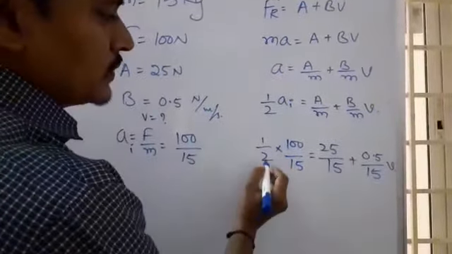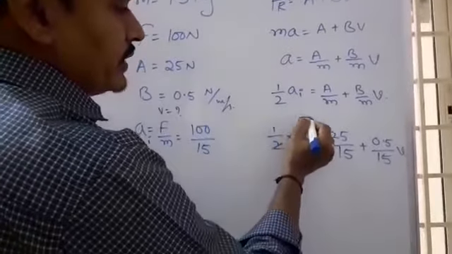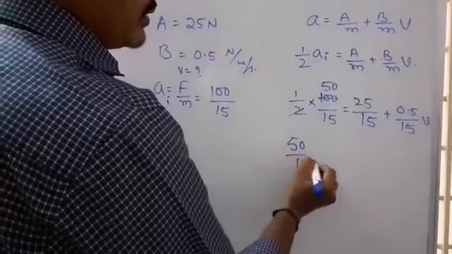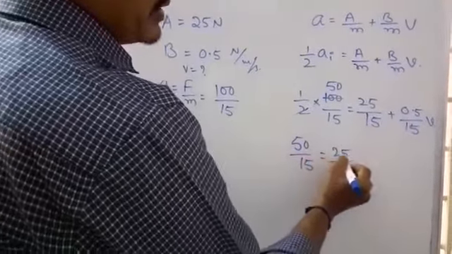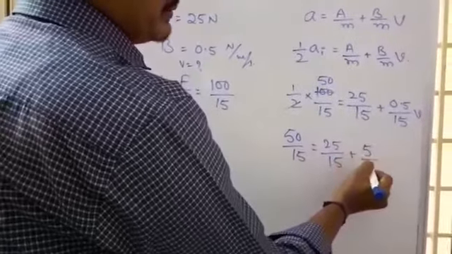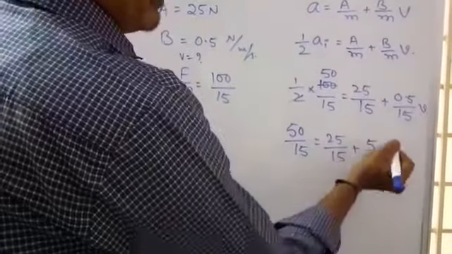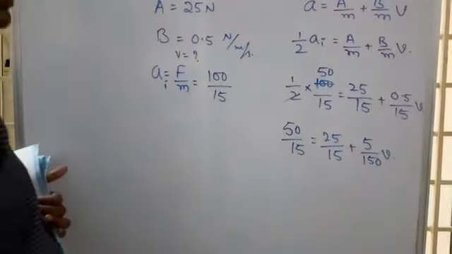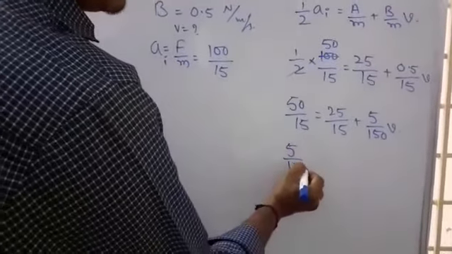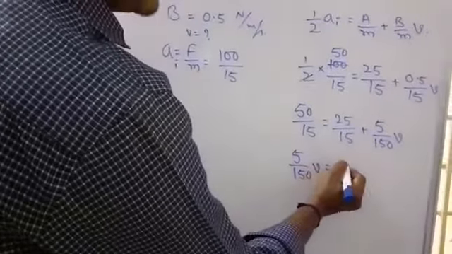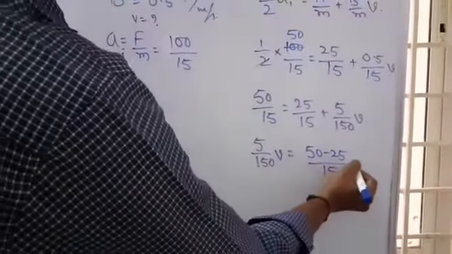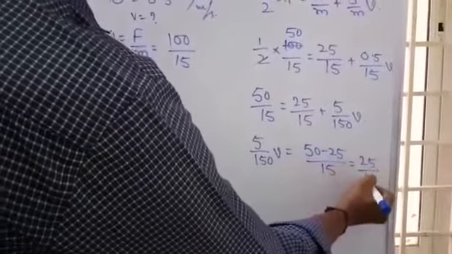Now 50 divided by 15 is equal to 25 divided by 15 plus 5 divided by 150 of v. So 5 divided by 150 of v is equal to 50 minus 25 divided by 15, that is 25 divided by 15.